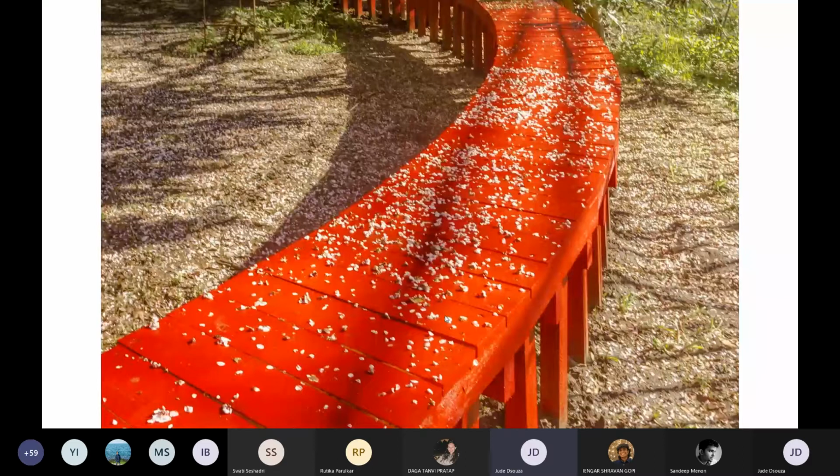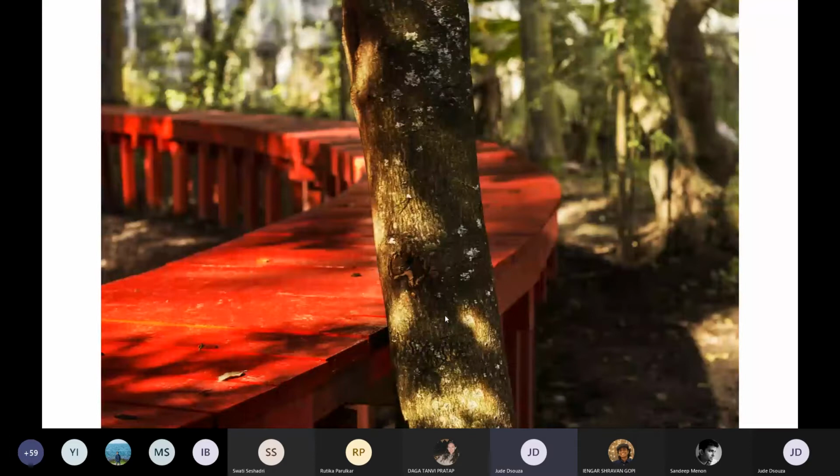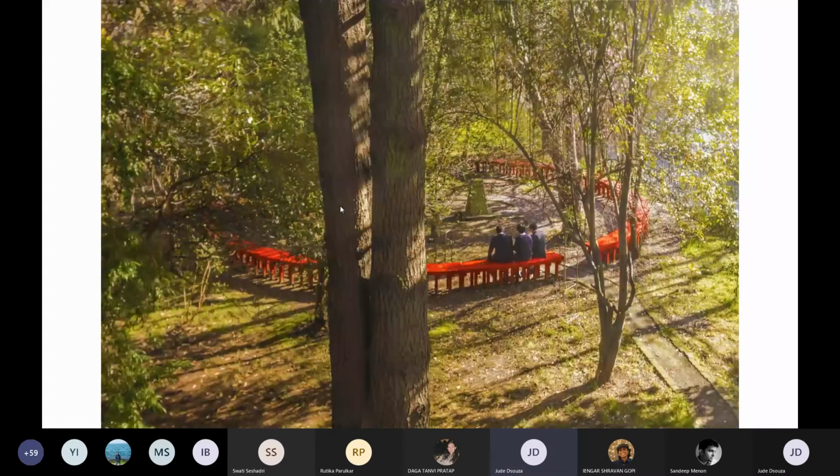That contrast with the landscape, with the flowers which fall on it, also adds to the fact that this is something which is added on, something which was not there earlier. So how it reacts with the existing elements and the existing vegetation of the park. Is my slide changing? Yeah, okay. I think there's a lag between my slide changing and this.